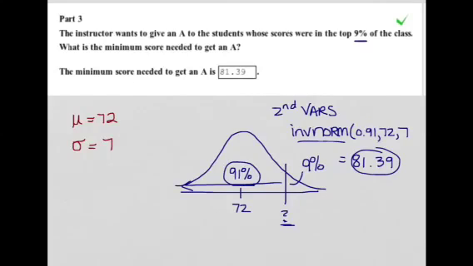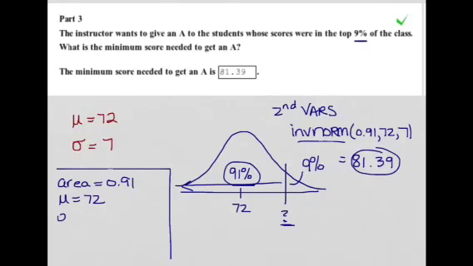Now, I close the parenthesis here. It's not really necessary to close the parenthesis on the end. If you're using a calculator with the stat wizard, then when you press second and vars and choose number 3, it's going to take you to a window where it asks you for area, and that's the 0.91, and mu, which is 72, and sigma, which is 7.